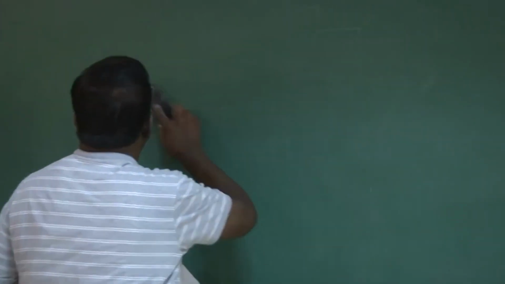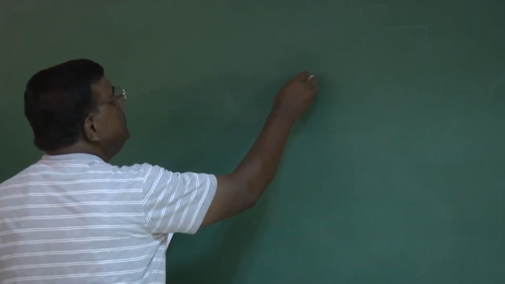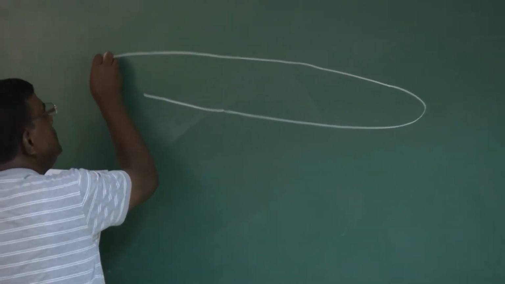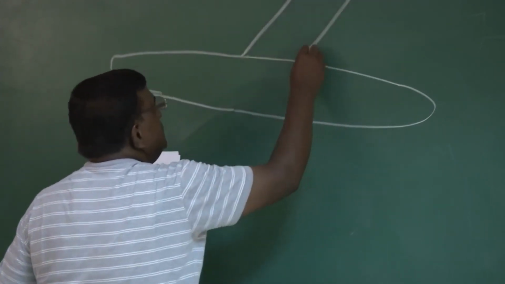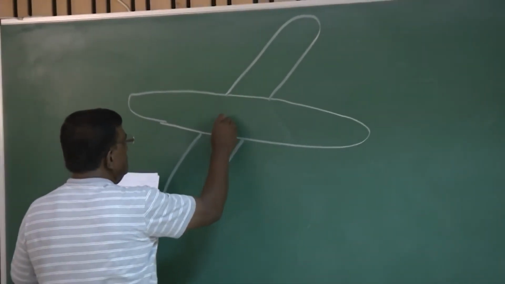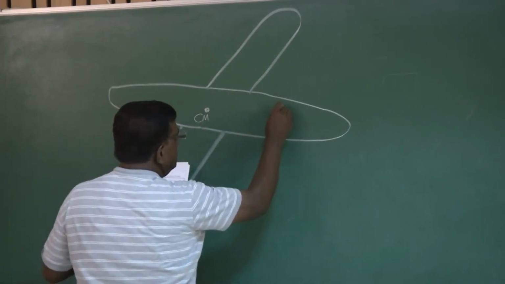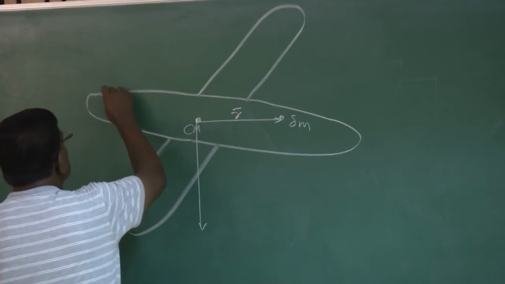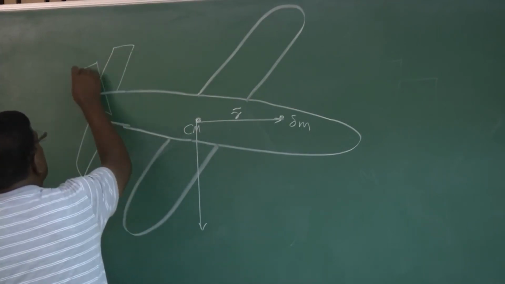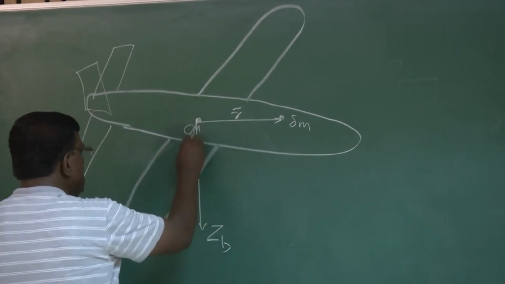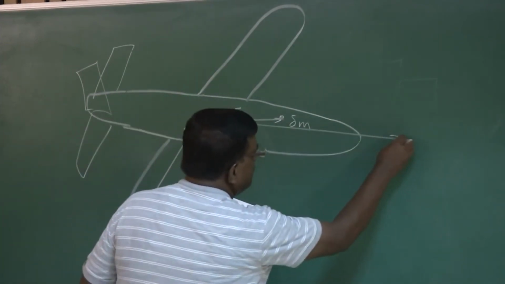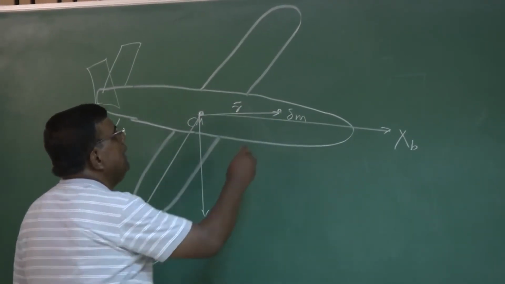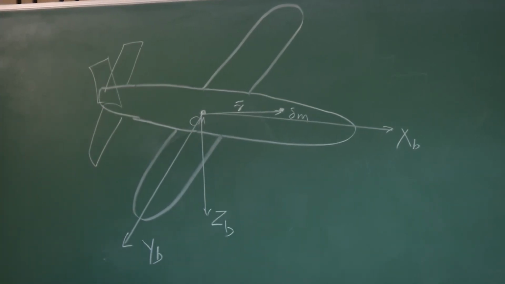So let me draw a diagram. So this is YB, this is XB, body axis, YB and ZB, and the location of delta M denoted by R bar measured from center of mass.